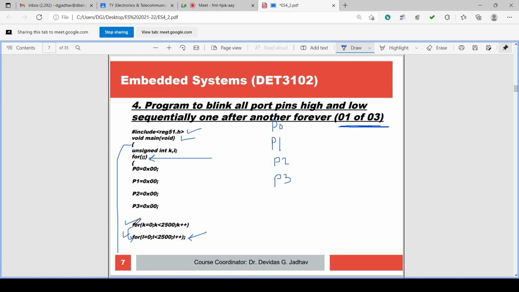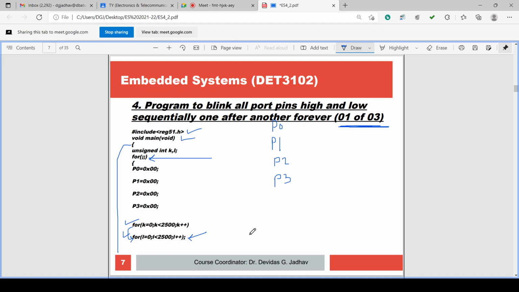The for loop for k is not having the semicolon. The for loop for L has the semicolon. So the for loop for k will have the next instruction associated with it. What is the next instruction of the for loop of k? It is the for loop of L. The for loop of L is a part of the for loop of k.